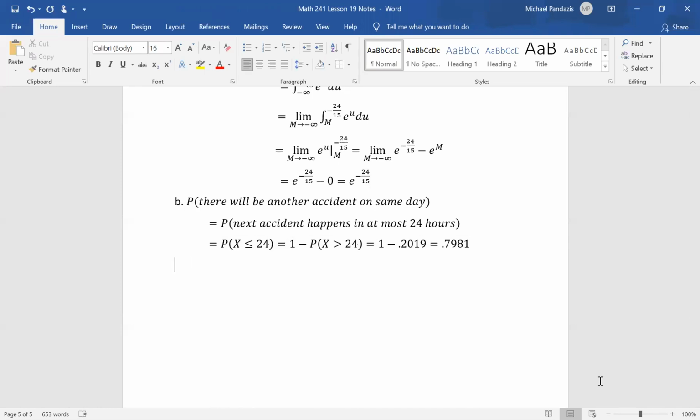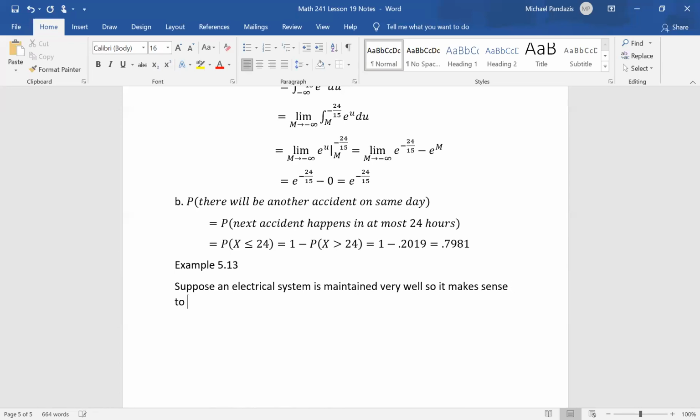Let's do another example. So this is example 5.13. Suppose an electrical system is maintained very well.